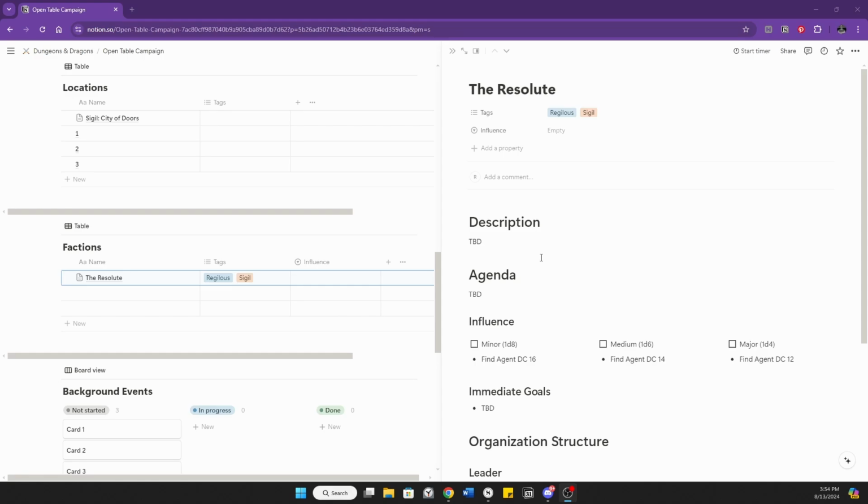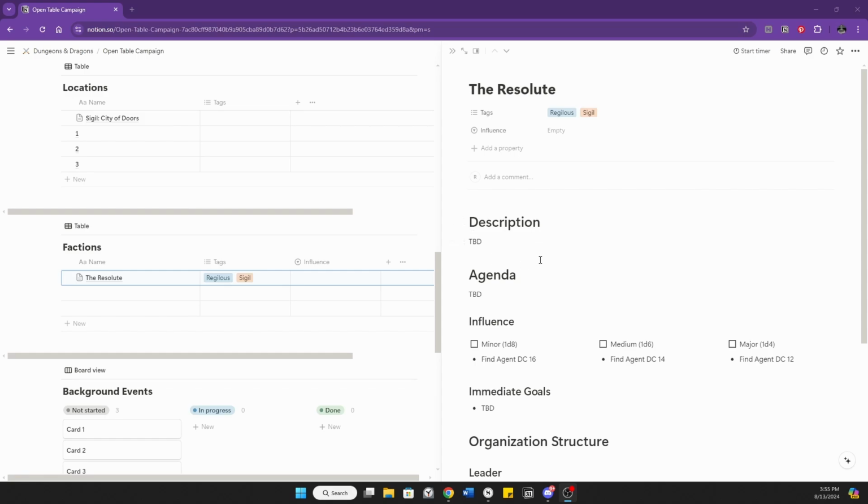So we can treat the faction as a cohesive organism, as a singular entity, and therefore build it out as one. To do that, we're going to generate a few key elements that allow us to role play this faction, their motivations and their actions as we move forward in the campaign.